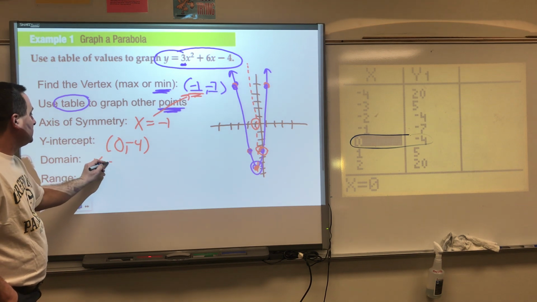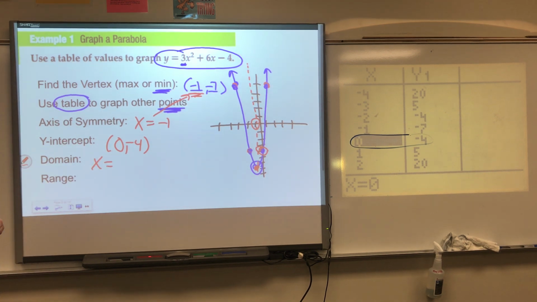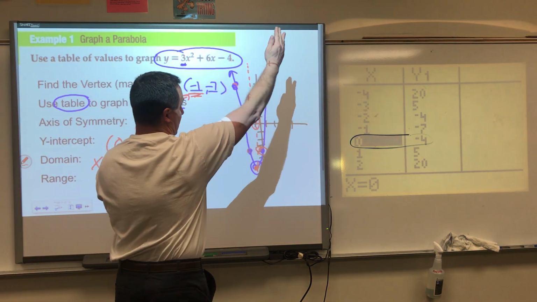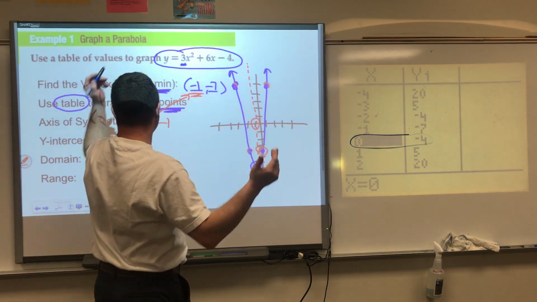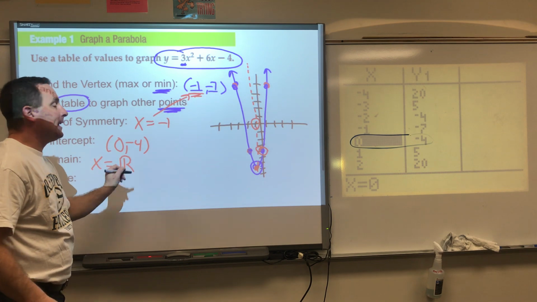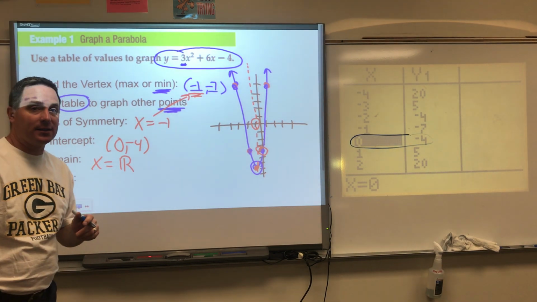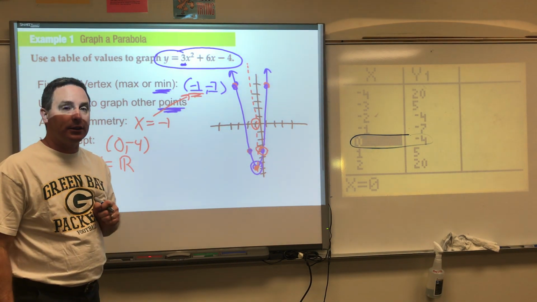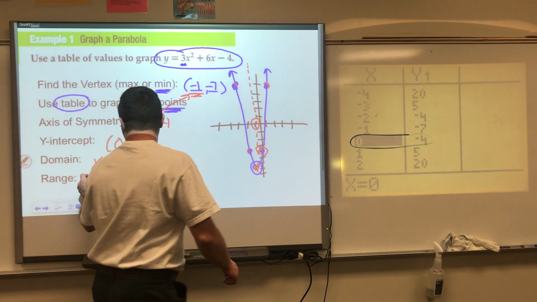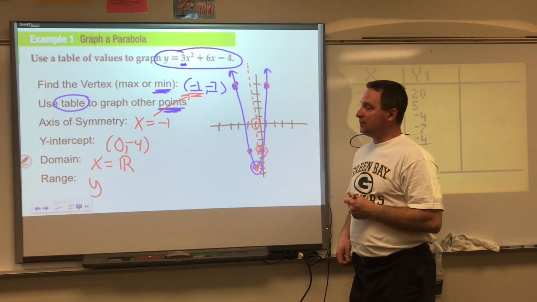The domain, remember, talks about the x values. This parabola is going to the right forever, to the left forever, everything in between. The domain on these parabolas is always x equals all real numbers. The range we know is the y values.